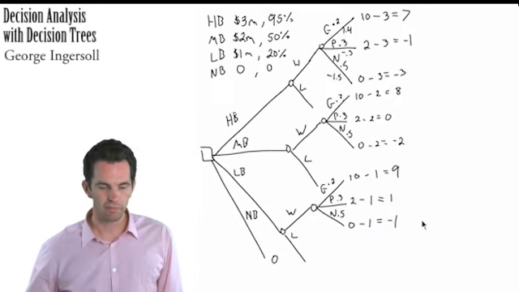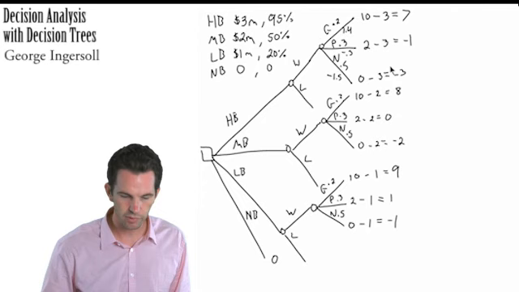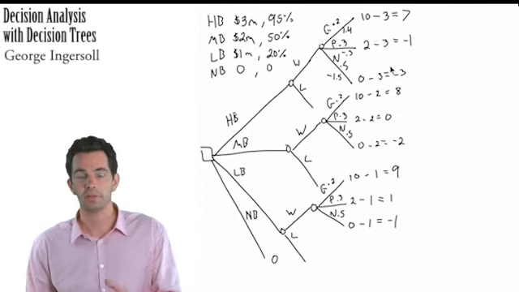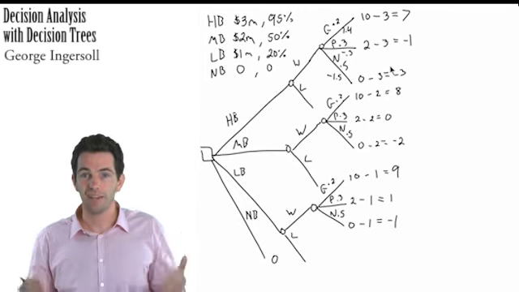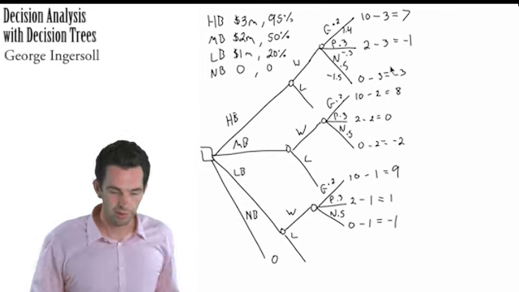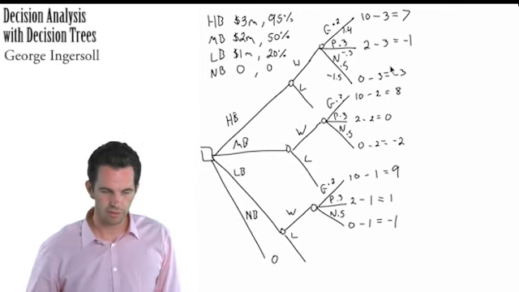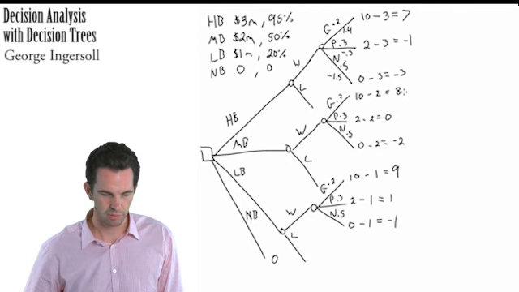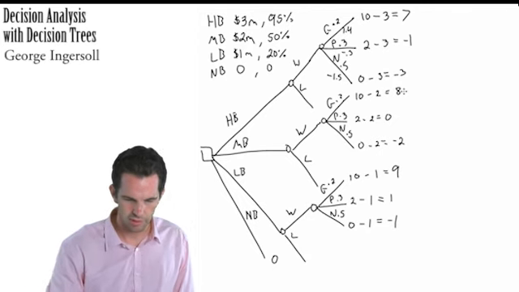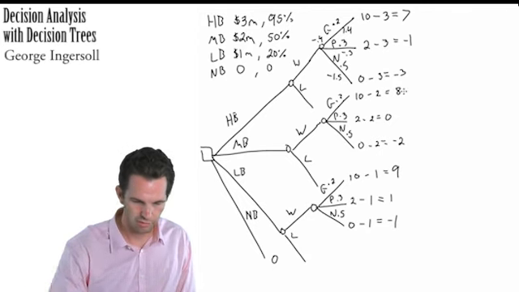So we can get a value associated with this chance node right here. Meaning, once we hit that point, based on all the probabilities and all the values, this is what our expected value is at that point. So we have 1.4 minus 1.5 is going to be equal to negative 0.4.